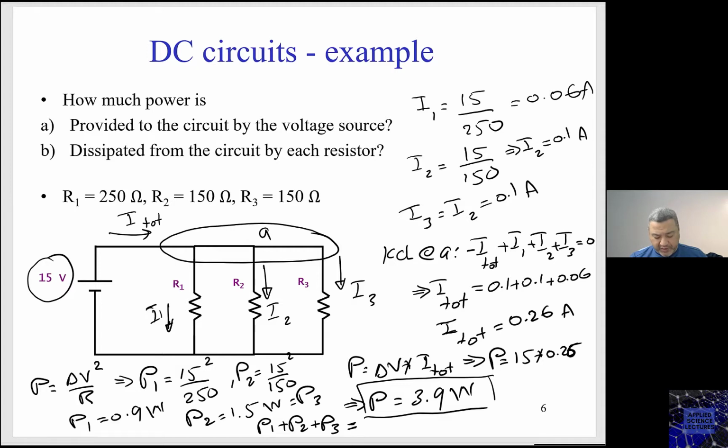Now here is 0.9 plus 1.5 plus 1.5, and indeed this is, I would say, P absorbed equals to 3.9 watts. So the same power, energy is conserved as we have said earlier. The power or the energy provided to the circuit equals to the energy or the power absorbed by the circuit.